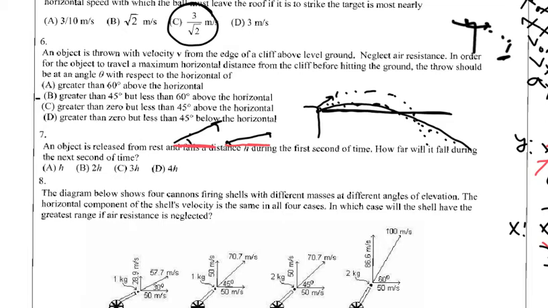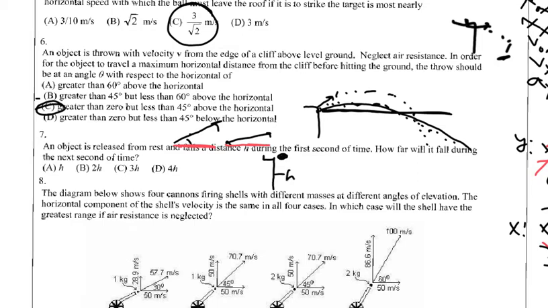Alright, in number 7 we have an object. It's released from rest, and we know that in the first second it falls a distance h. We want to know how far it will fall in the second second. So one thing we can do is say that in this first second it fell a distance h, and we want to know how far it falls in our second second.